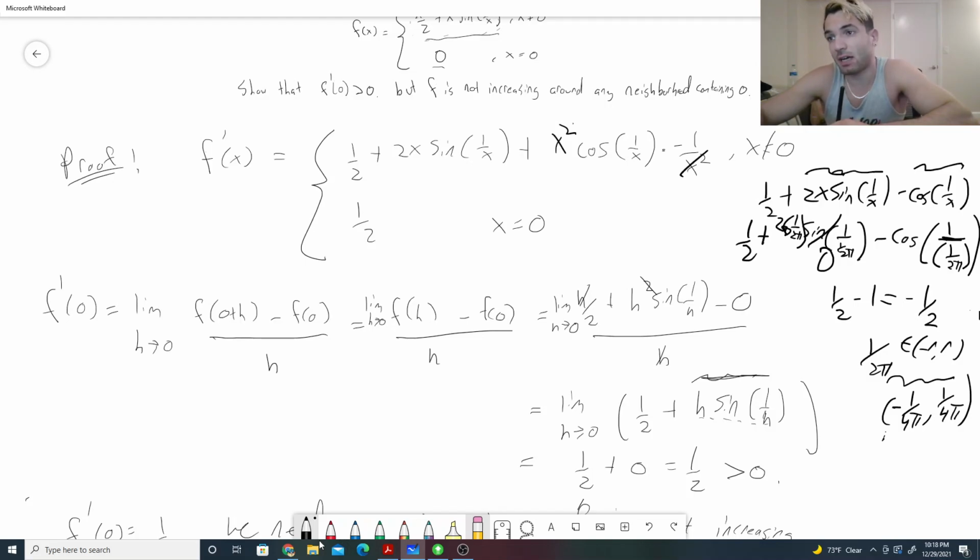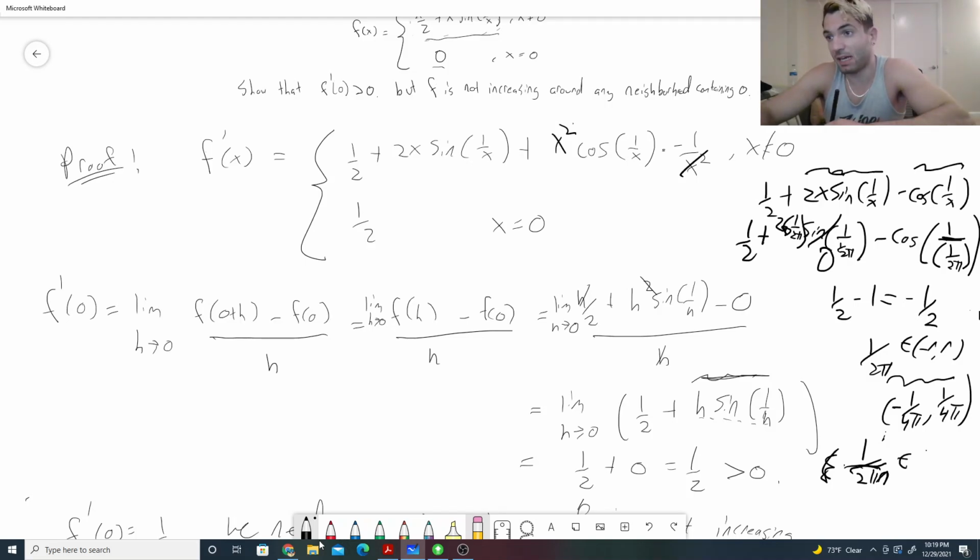Well, the trick is, by the Archimedean property, I can always find an n large enough such that 1 over 2 pi n, so go as many multiples of 2 pi as you'd want, take 1 over that, and you would hope that would be in your interval, and you can certainly find an n large enough that would satisfy this.